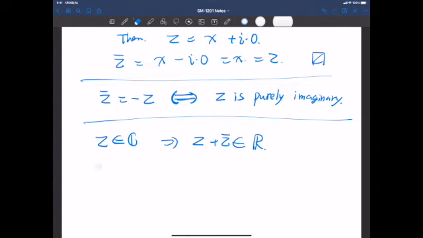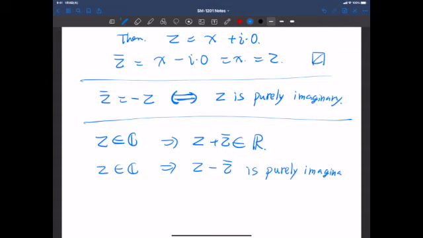And similarly, if z is a complex number, then z minus z bar is purely imaginary. Well, I think we need some explanation about purely imaginary.